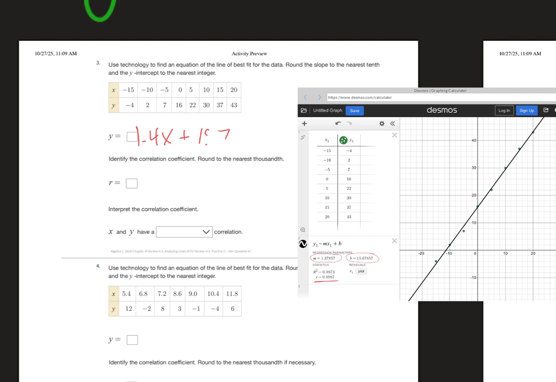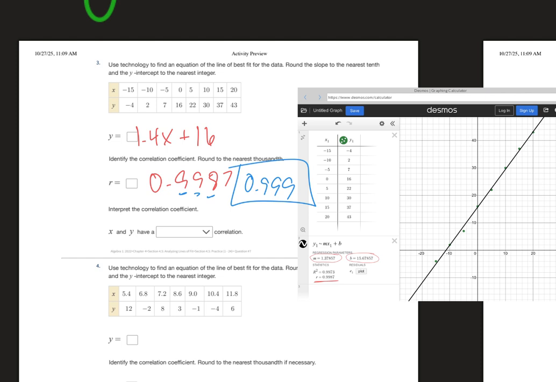So we don't want 15.7, we want 16. So there's that one. Identify the correlation coefficient, round to the nearest thousandth. Well, we had 0.9987, so to the nearest tenth, hundredth, thousandth, we're going to have 0.999. That's the answer. All right.